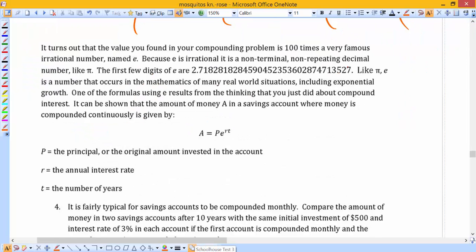Now we're on to the second part of this task. It turns out that the value you found in your compounding problem is 100 times a very famous irrational number named E. And this you guys would have seen on your calculator. Like pi, E has its own value, 2.7 and a whole bunch of numbers after it.